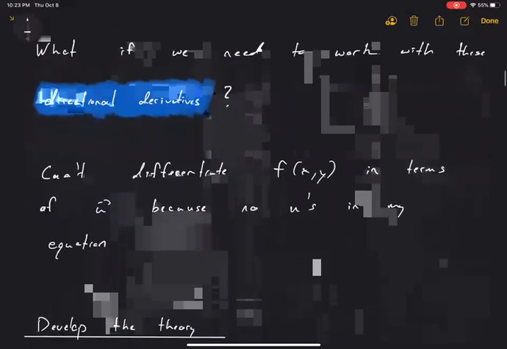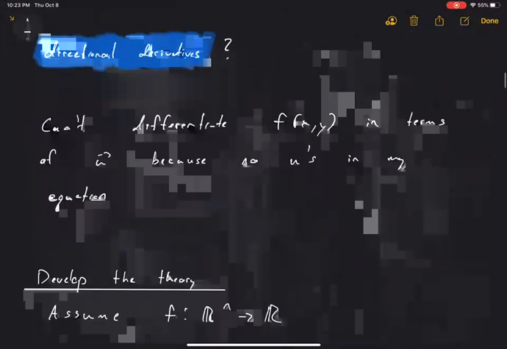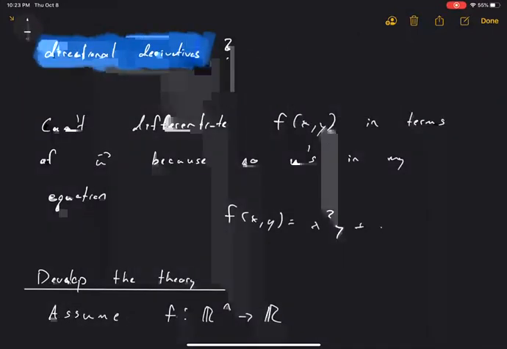The problem is, we have a function of x and y. For the derivatives with respect to x, if I had like f(x, y) equals x squared y plus y, or maybe x y cubed, if I want to find the derivative in the x direction, that's really easy. I have this kind of shortcut, right?